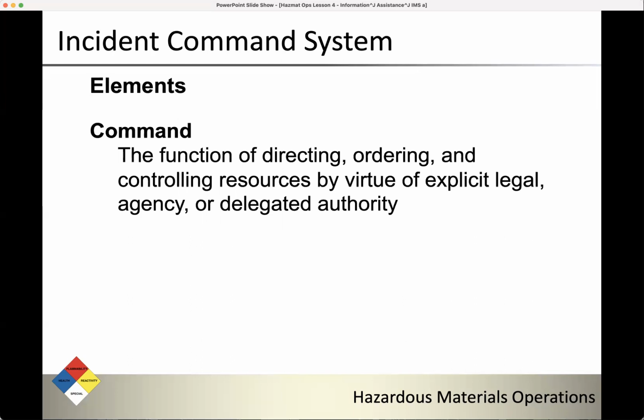We'd like for you to be the incident commander. They delegate the authority to you. But really what you're doing as the incident commander is you're establishing objectives and controlling resources, making sure you have enough resources, people, equipment, tools, supplies, whatever, to get the job done.